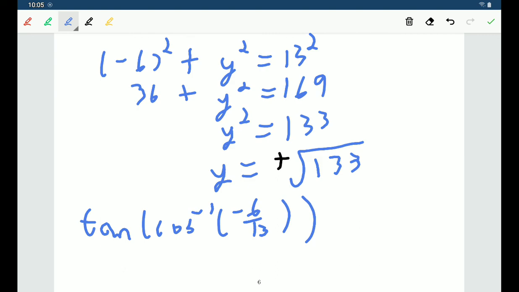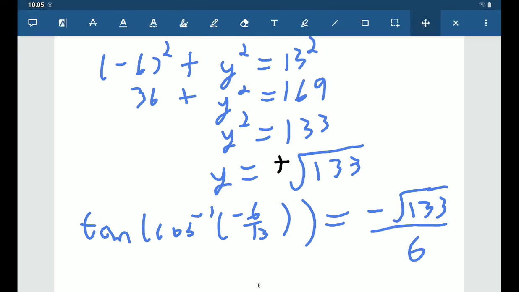Remember that tangent, which is the function we're looking at now, is defined as y over x. And we've got both of those things. Y is root of 133 and x was negative 6. So our answer is negative root of 133 over 6. And there we go. We've evaluated tangent of cosine inverse of negative 6/13.